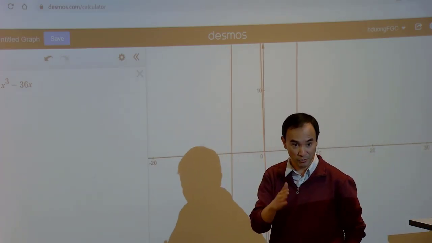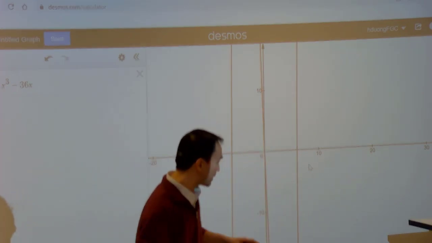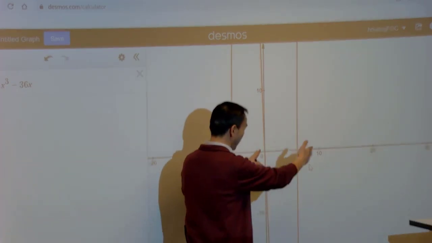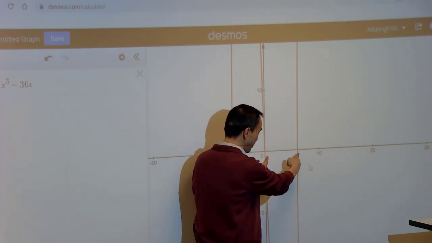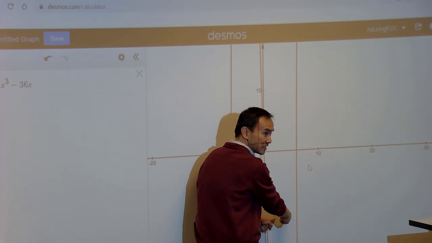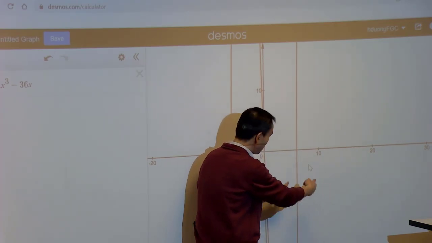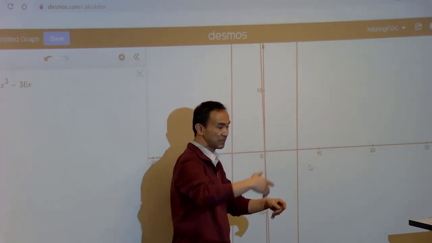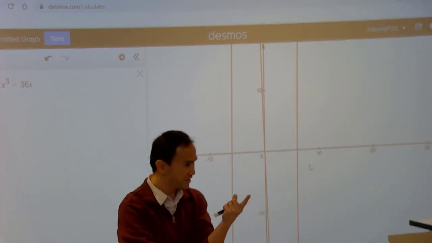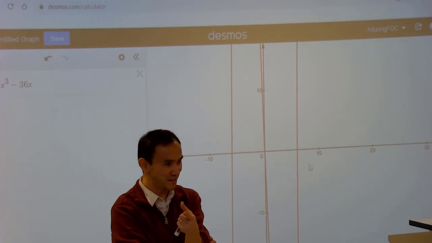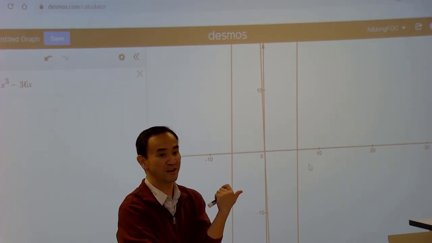Is there a way we can detect the intervals? When you're dealing with absolute value, you need to detect in which interval your graph falls below the x-axis, meaning negative, and in which interval it falls above the x-axis, meaning positive. In case you don't have access to a graphing device to pull out the graph, how can we detect that?